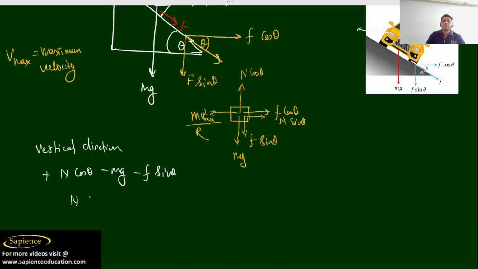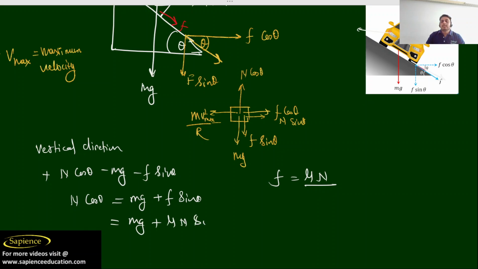So we have got N cos theta equal to mg plus f sin theta. Now friction force is always written as mu into the normal reaction force. So can we put the value here? So this will be mg plus mu into N sin theta, and this is equal to N cos theta. So this is the equation 1 which we have got.